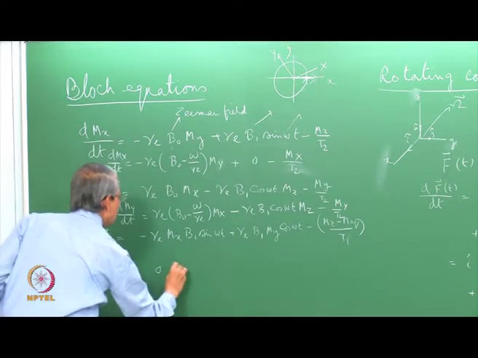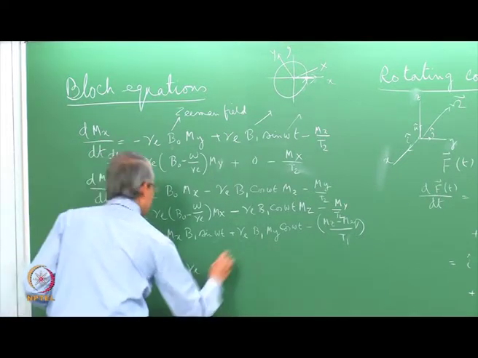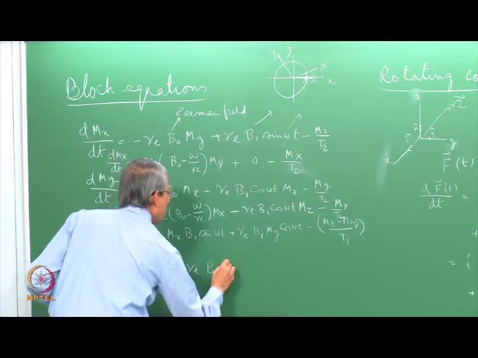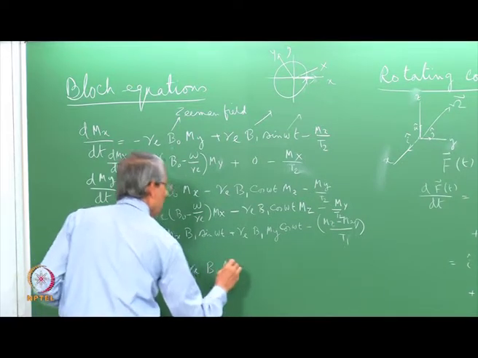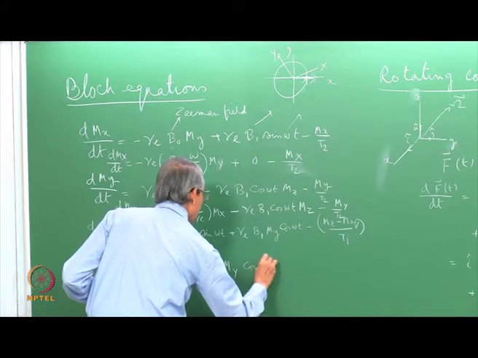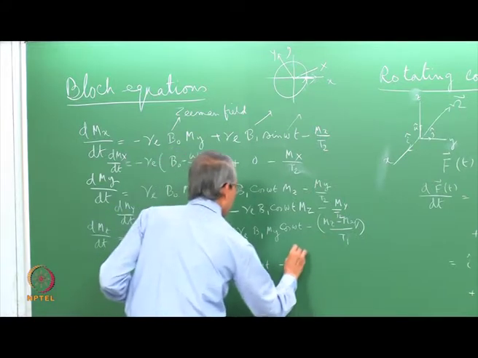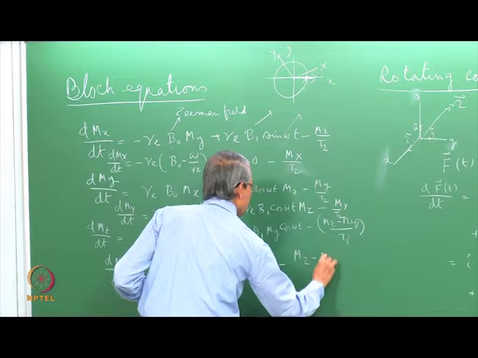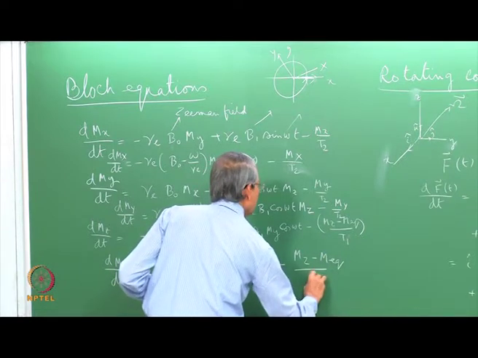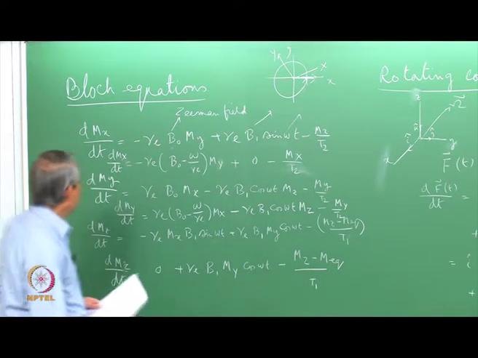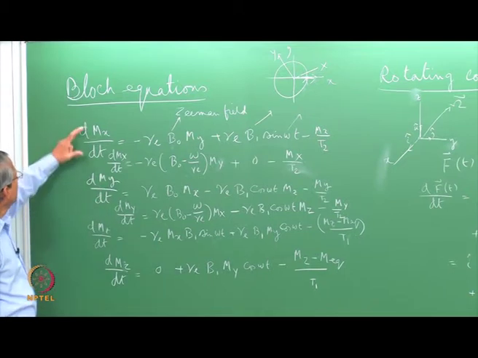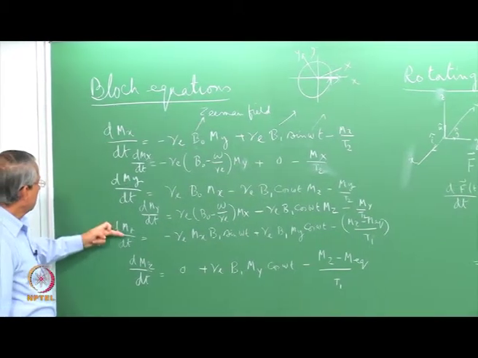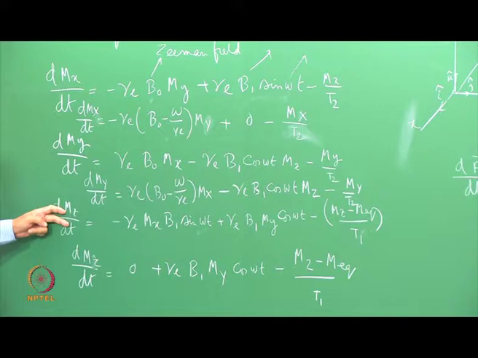This is 0, this will be T1. See how easily we can now transform this laboratory coordinate system, that magnetization evolves to a rotating coordinate system.